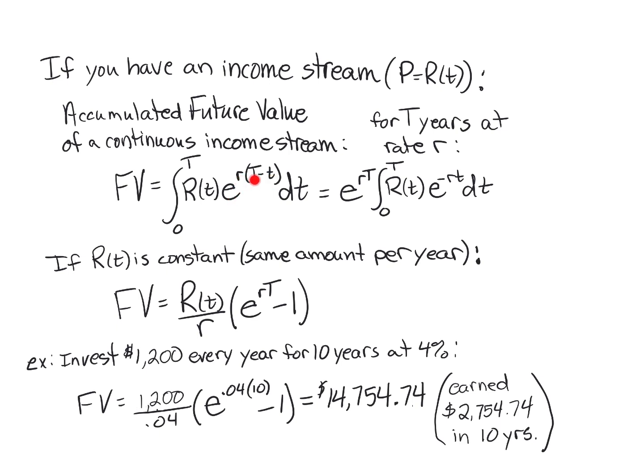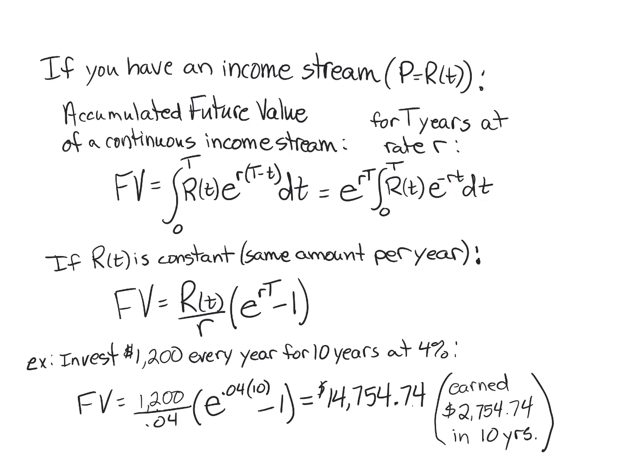Well, e to the r capital T is just a constant. That's a multiplier that can be factored out in front of the integral, and you'll be left with your income stream or your revenue for r times e to the minus rt little t part.